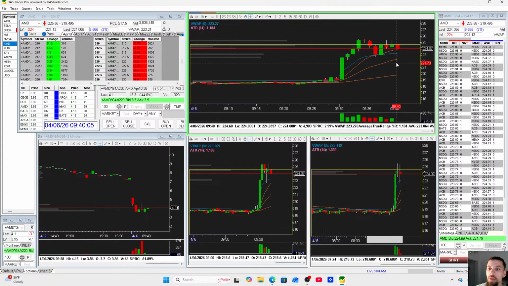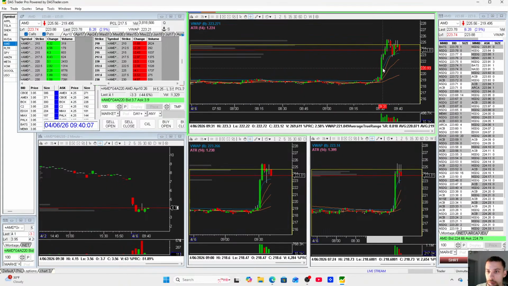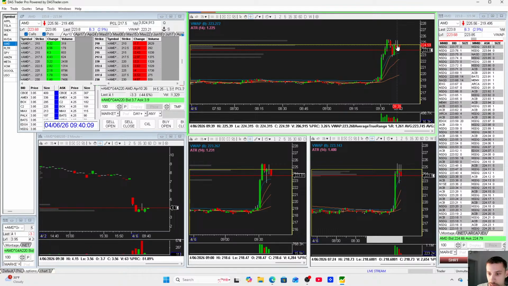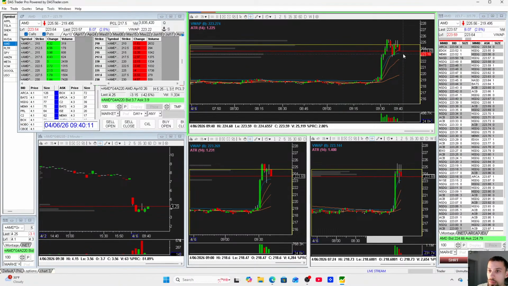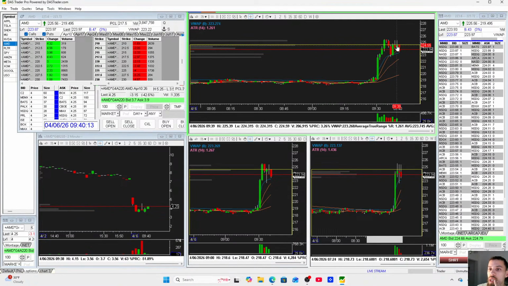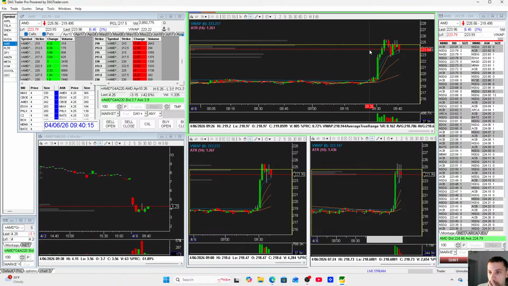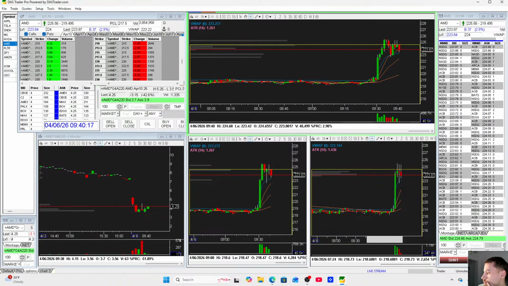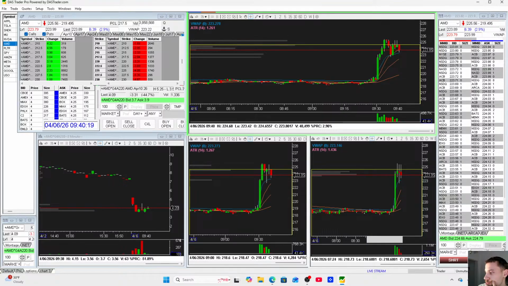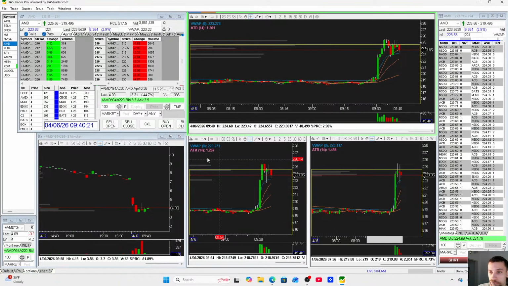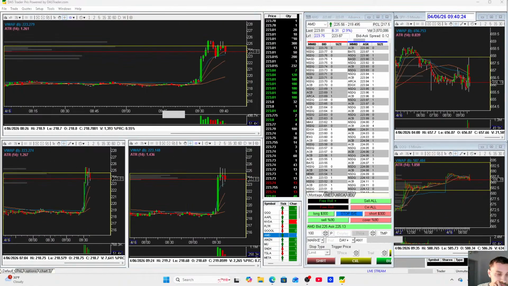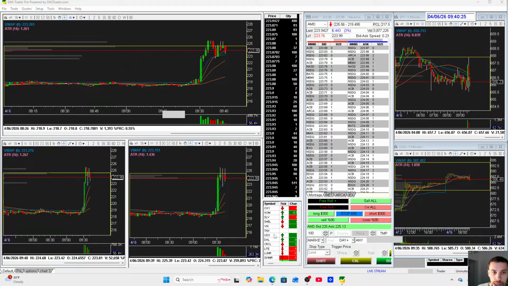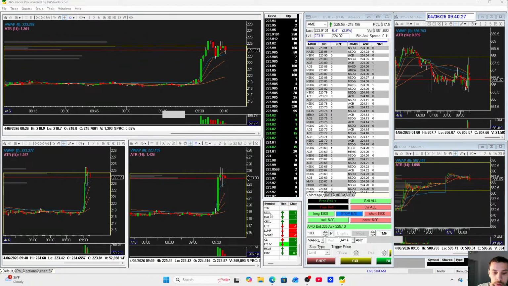So around $227 is ATR. Could be pulling back here. Let's see what USO's doing.